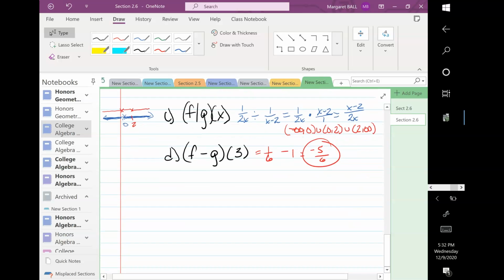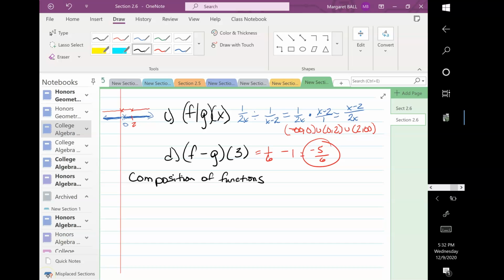Okay, so the last topic that we need to talk about that I was going to do, and then I changed my mind, is composition of functions. And again, you did this last year. It might be a little bit different. I might write it a little bit differently, but it's the same concept.